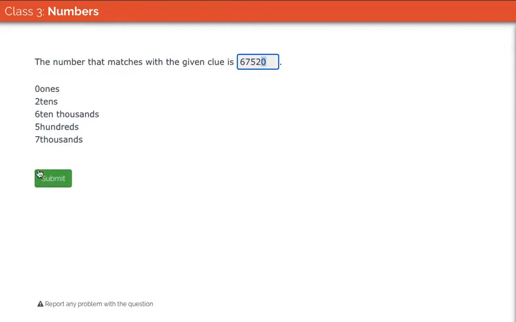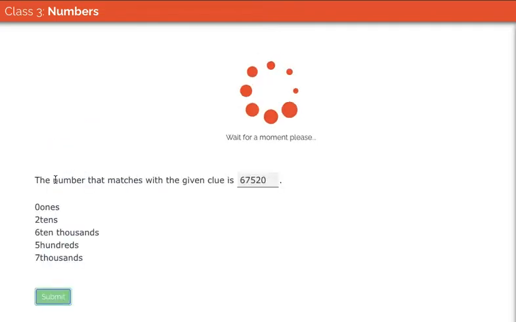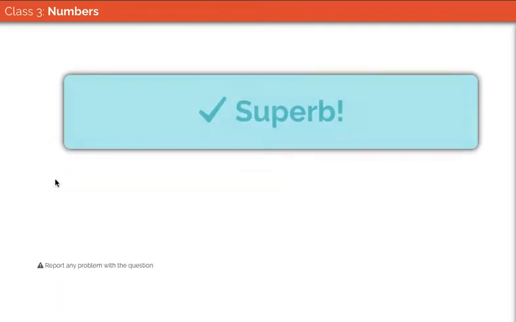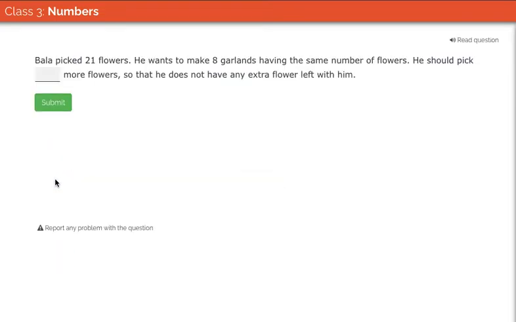So let's see. Super duper. Bala picked 21 flowers. He wanted to make 8 garlands having the same number of flowers. How many more flowers should he pick so he has no extra flowers left with him?